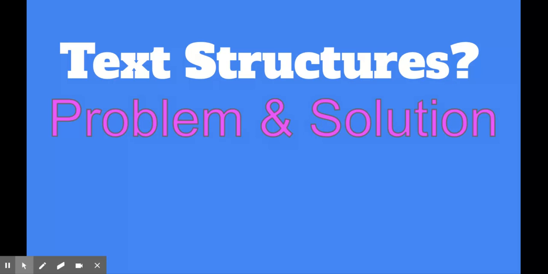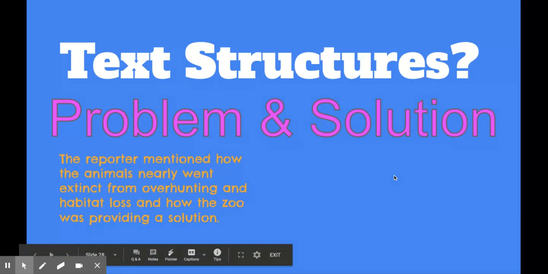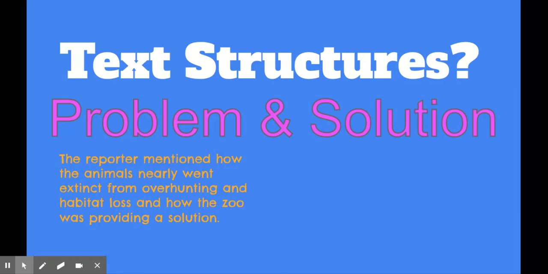So the zoo took them in order to help them survive. So the reporter mentioned how the animals nearly went extinct from overhunting and habitat loss, and how the zoo was providing a solution. Some of the signal words: the problem is, the challenge is, to solve this.